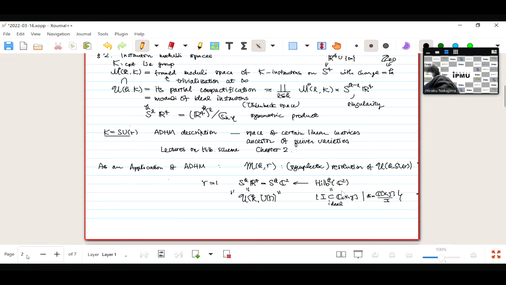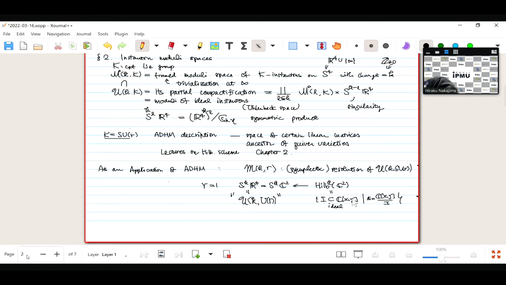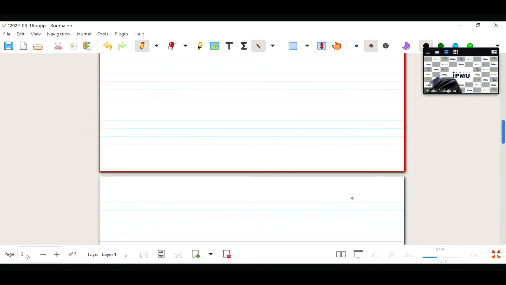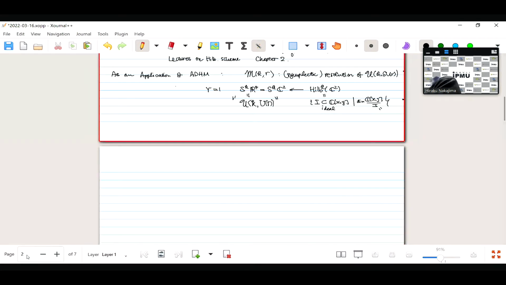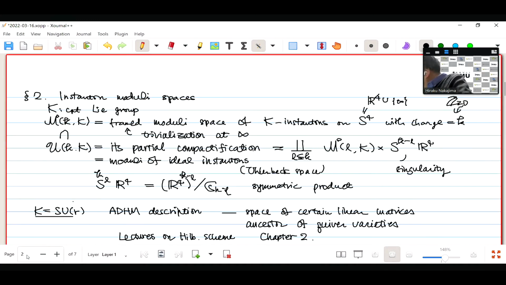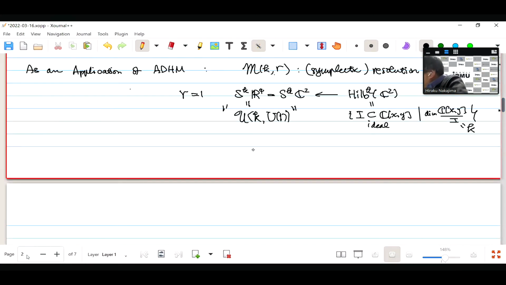Namely, the Hilbert scheme of points, as I said, is the set of ideals in the polynomial ring C[x,y] such that this quotient has dimension K. So if you have K distinct points in C^2, then you can consider the ideal of polynomial functions which vanish on those points.